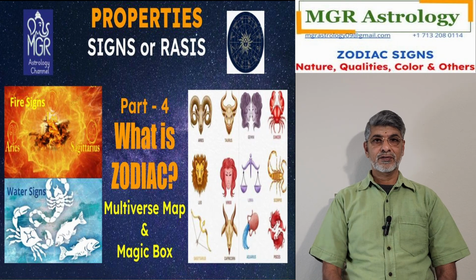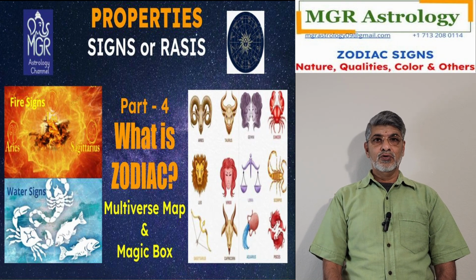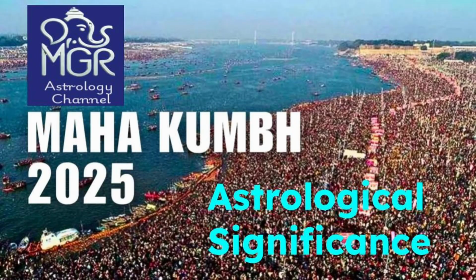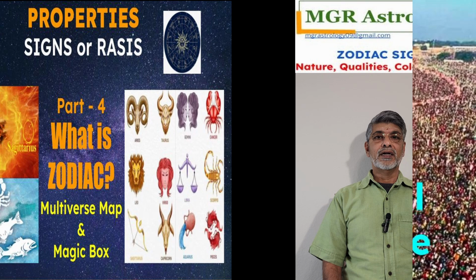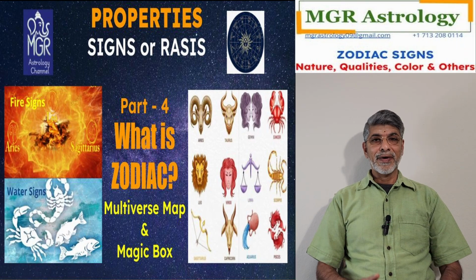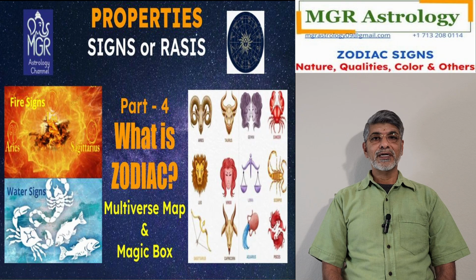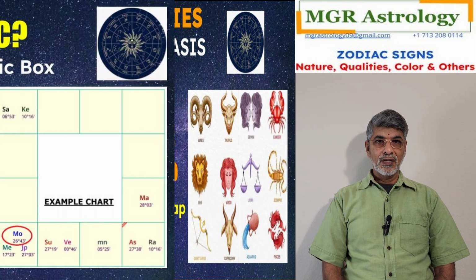Welcome back, viewers. Hope you enjoyed my last video about Maha Kumbh Mela, astrological significance, and it was useful. And now we will come back to the zodiac, the multiverse map, or a magic box.